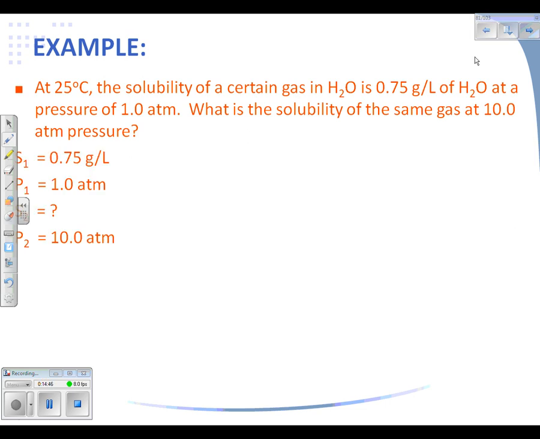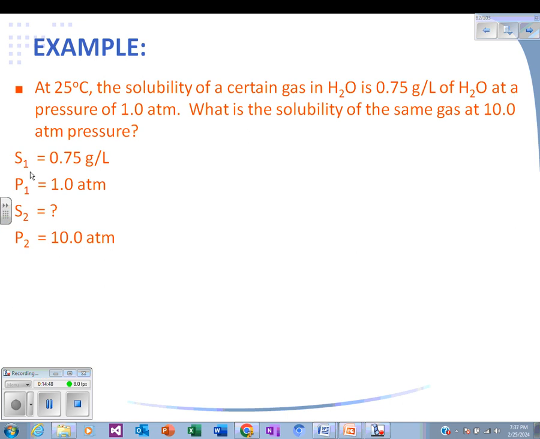So we have to first identify our variables, which would be our S1 equals 0.75 grams per liter, our P1 equals 1 atmosphere, our S2 equals what we're trying to find, our solubility, and then our P2 equals 10 atmospheres. If we're using Henry's law, which is S1 over P1 equals S2 over P2, okay?